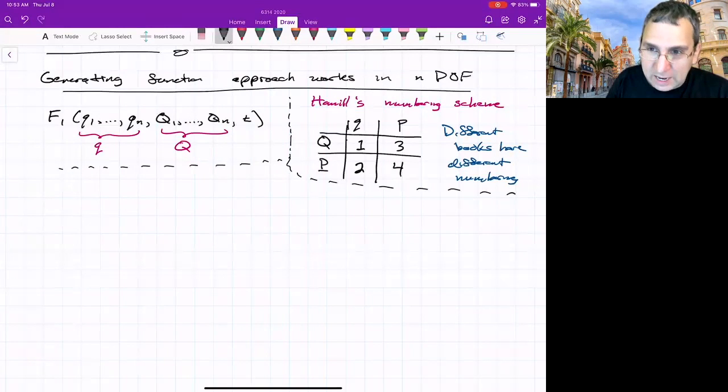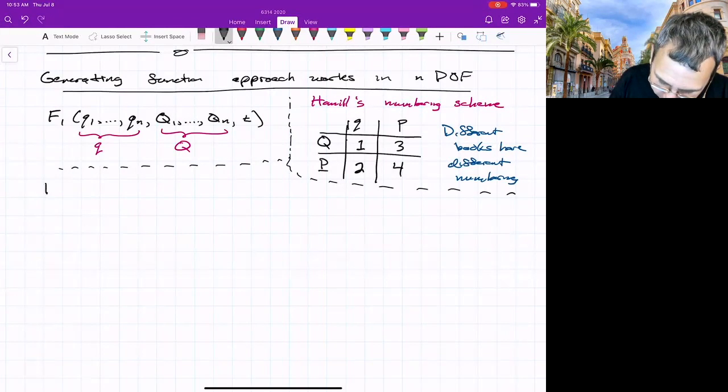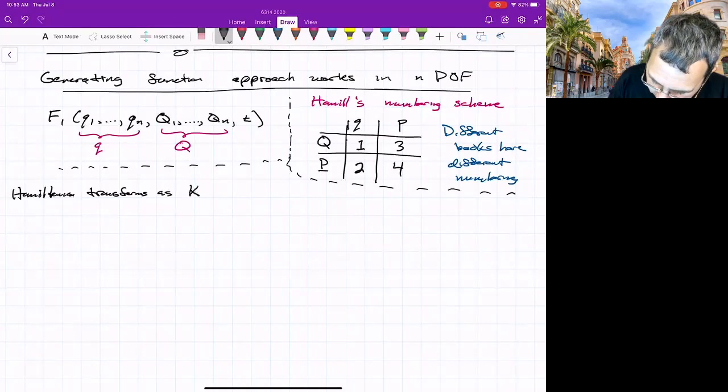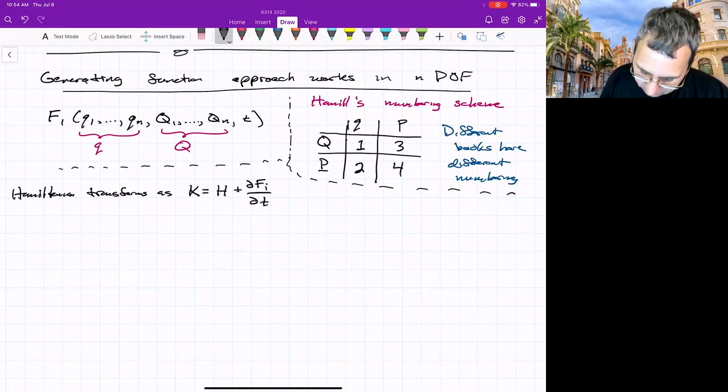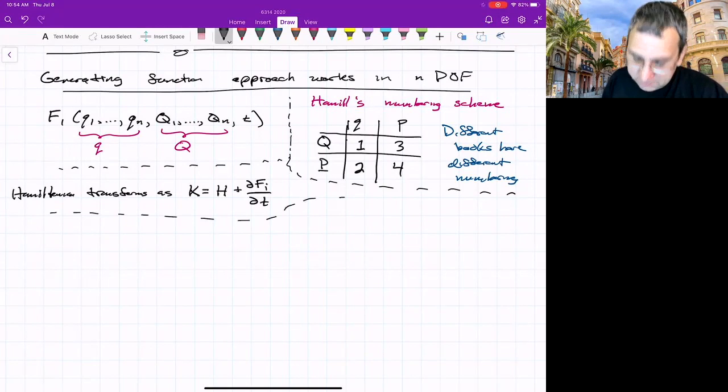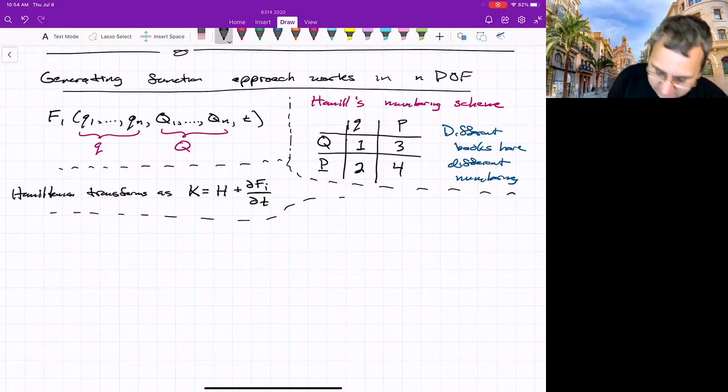For all of them, the energy transforms the same. And by energy, I mean the Hamiltonian. The Hamiltonian transforms as K equals H plus partial F partial t. I'm leaving this subscript i off. So the Hamiltonians all transform the same, but then we'll start with what we had up above, little q, big Q, and t.